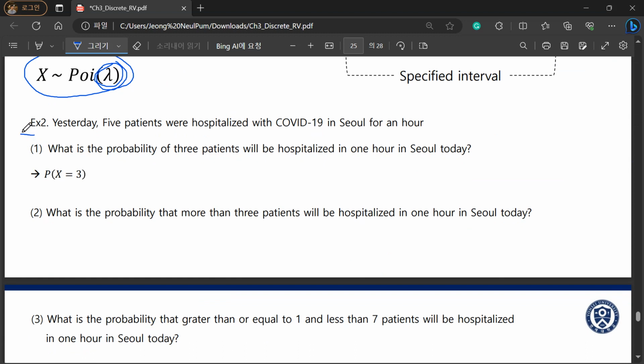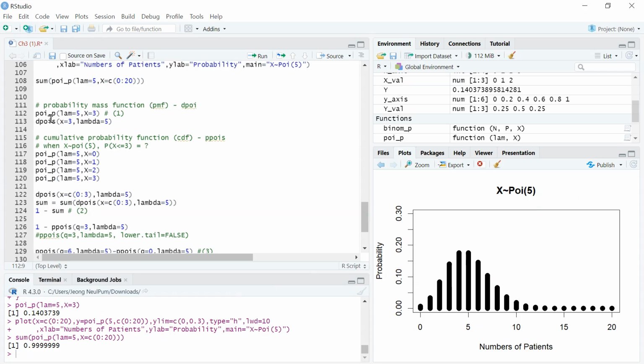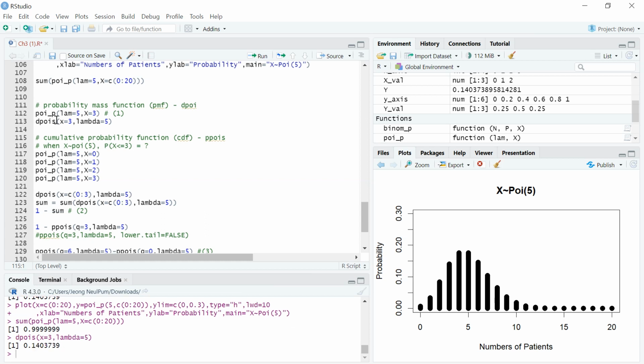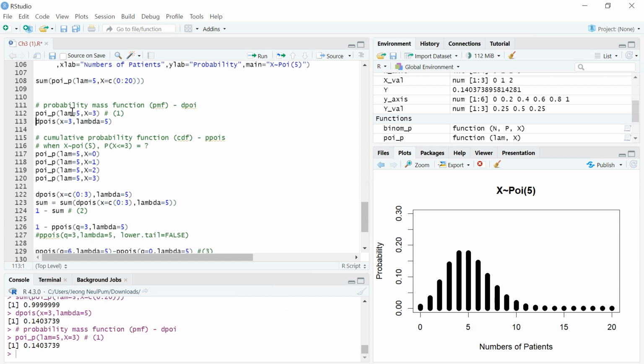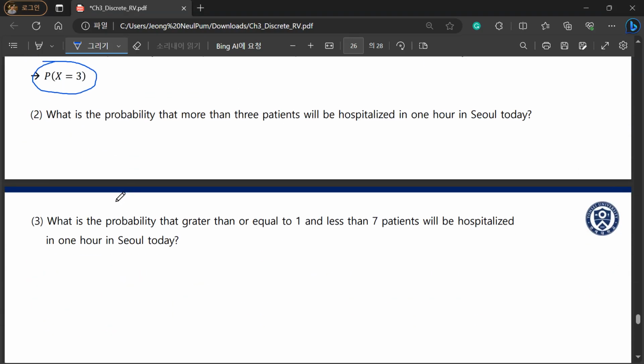Let's deal with example number 2 here. It is nothing but getting the probability when x is equal to 3. So it is the same as using the Poisson function when our arguments are 3 and 5 here, which is the same as the previous function.